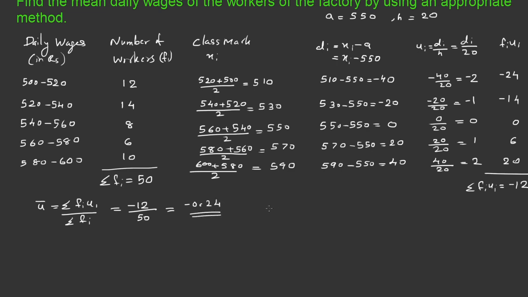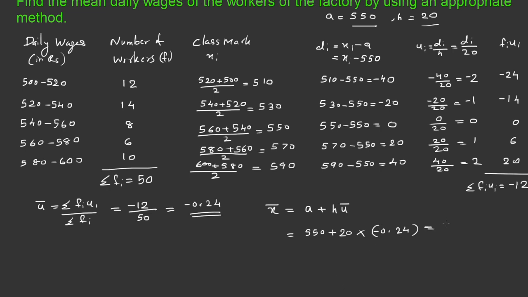Now we know the relation between x bar and u bar: x bar is equal to a plus h u bar. We know a is equal to 550, h is 20, and u bar is minus 0.24.